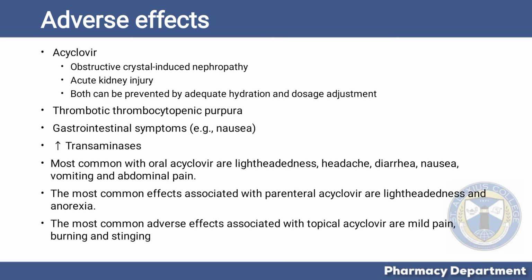The most common adverse effects with oral acyclovir are lightheadedness, headache, diarrhea, nausea, vomiting, and abdominal pain. The most common adverse effects associated with parenteral acyclovir are lightheadedness and anorexia. The most common adverse effects associated with topical acyclovir are mild pain, burning, and stinging.